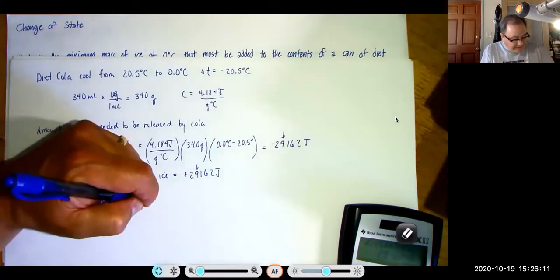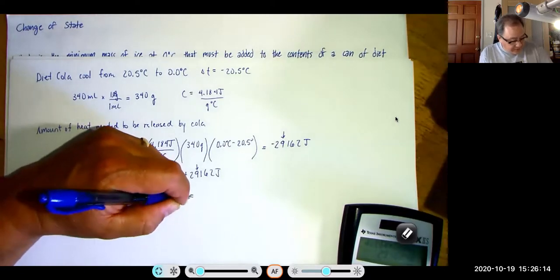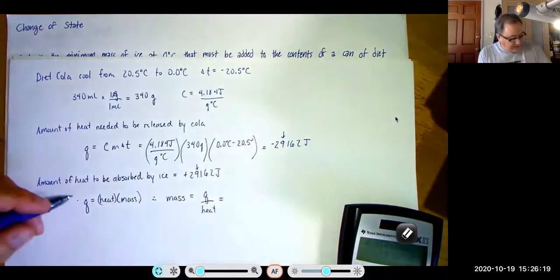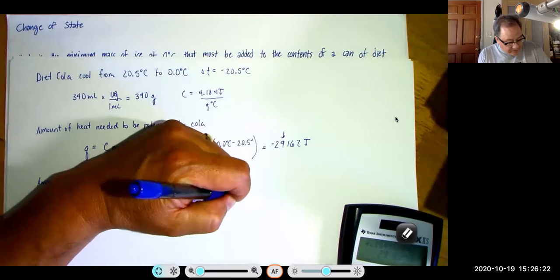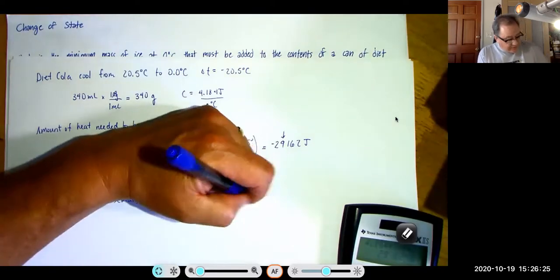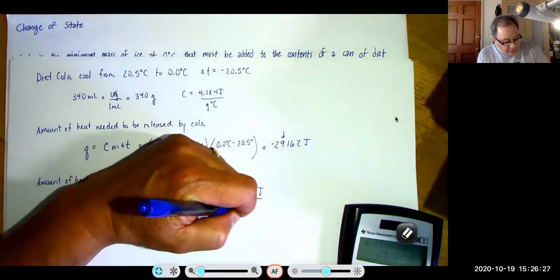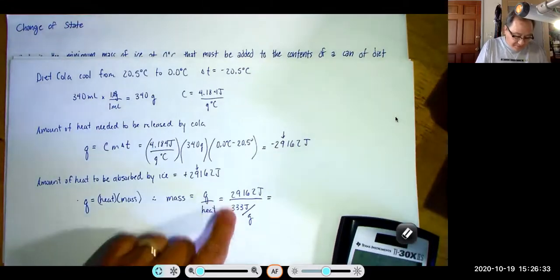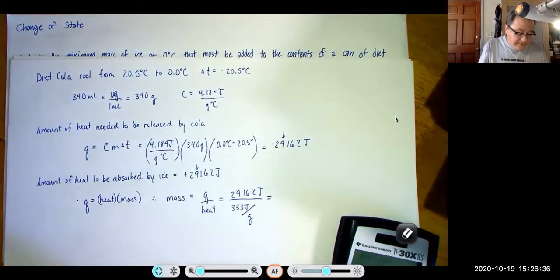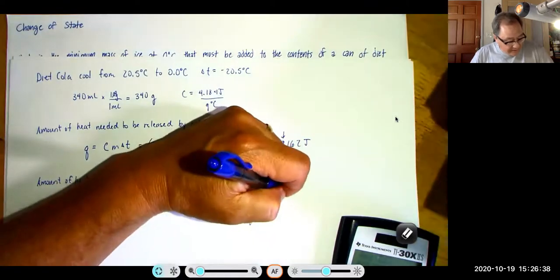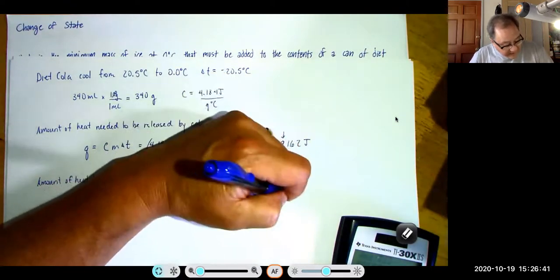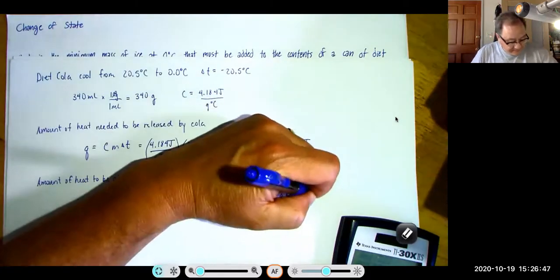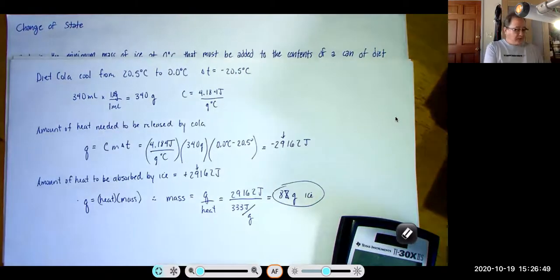That means that the mass is equal to Q divided by the heat. So the Q is 29,162 joules. The heat of fusion is 333 joules per gram. So when we take this number and divide it by 333, we get 88 grams of ice. So that's how much ice you would need to cool the soda down.